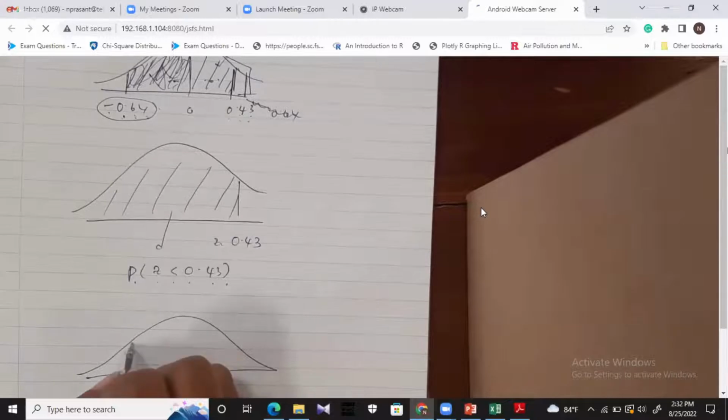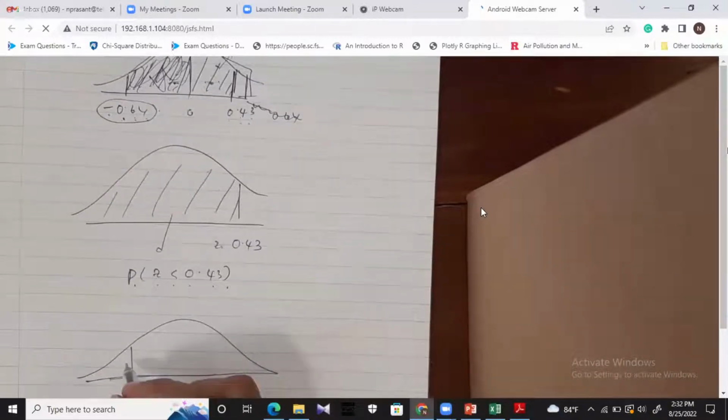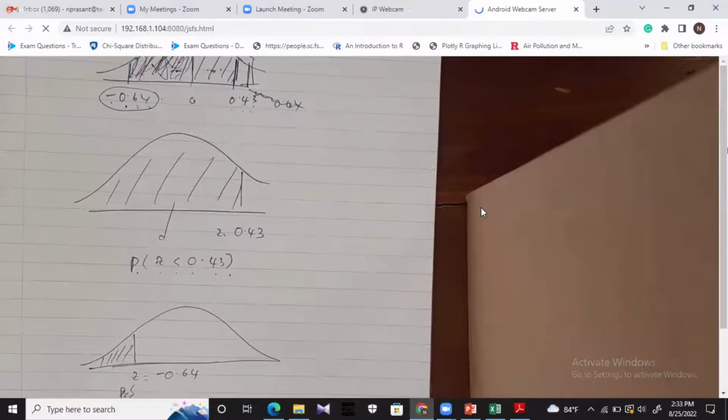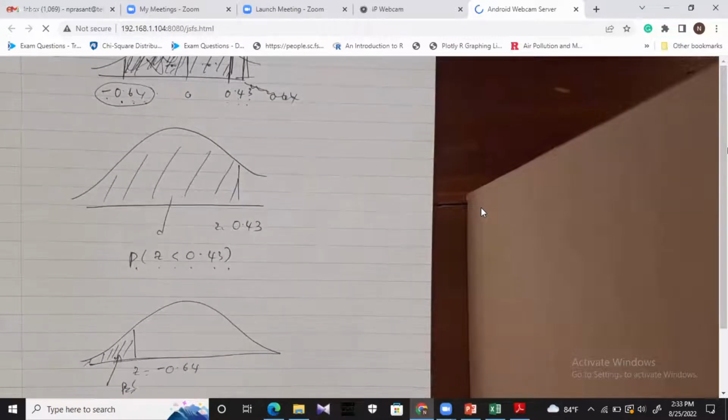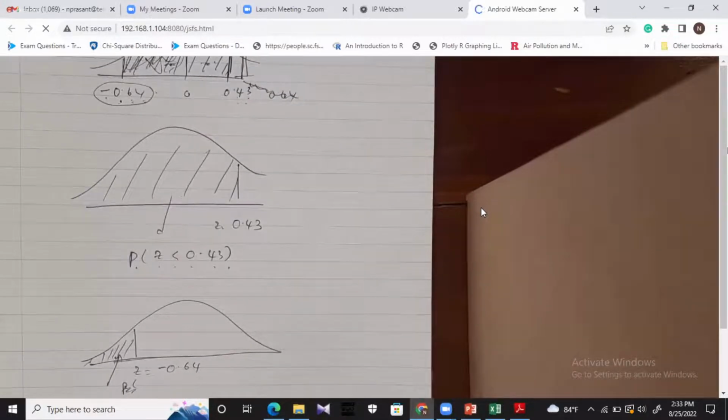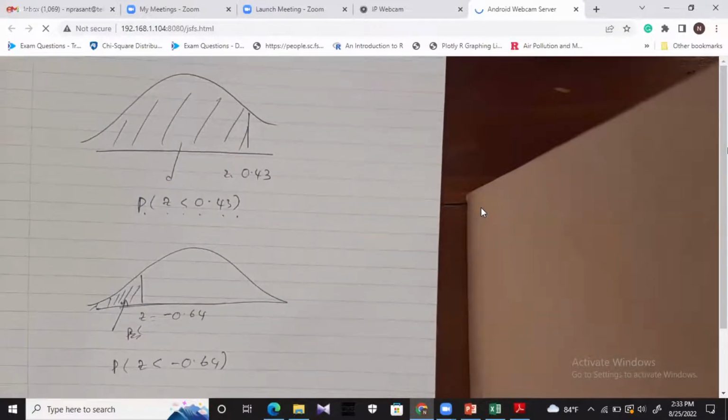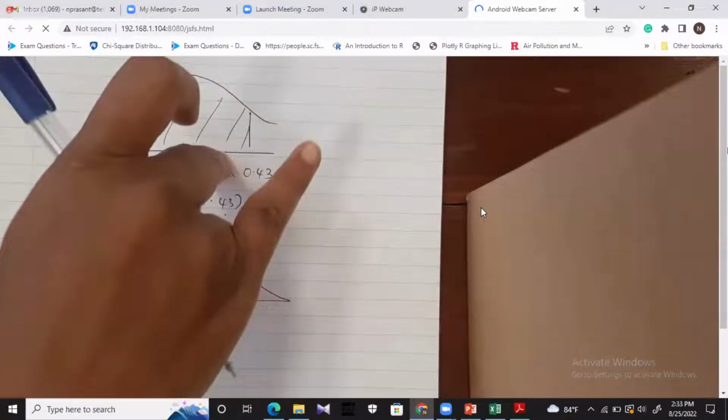Now I'm drawing the region corresponding to Z minus 0.64. So this whole region represents P Z less than minus 0.64. It's clear, right? Now you have determined these two regions separately.